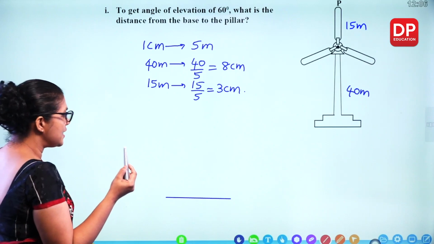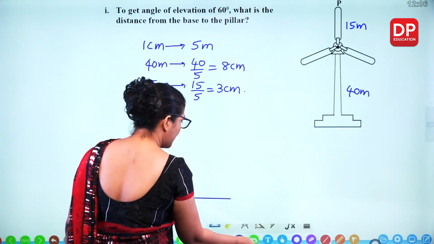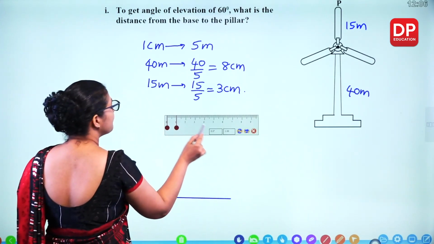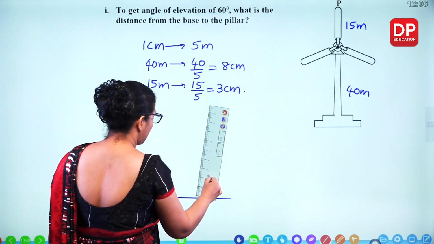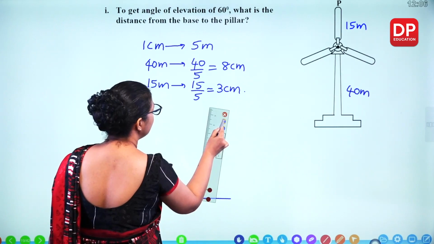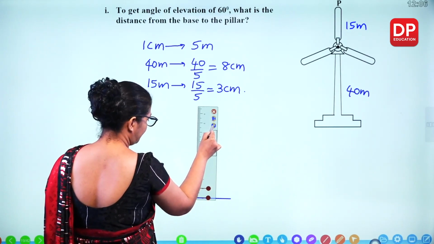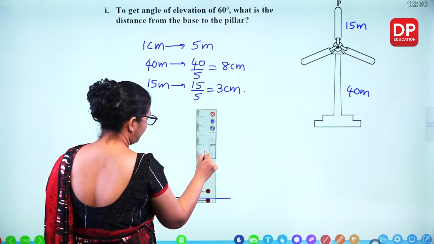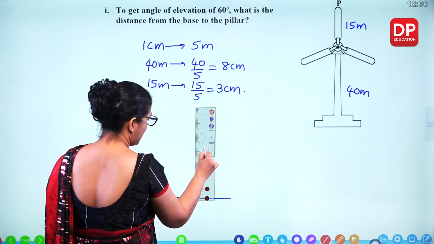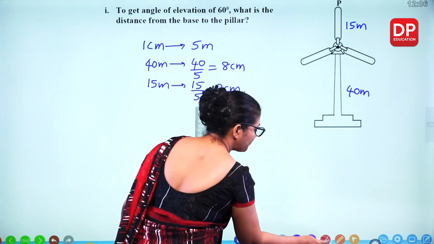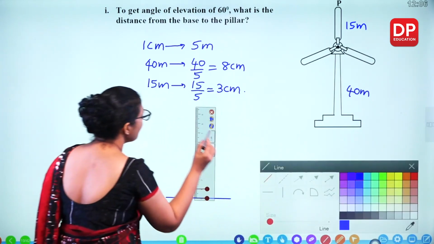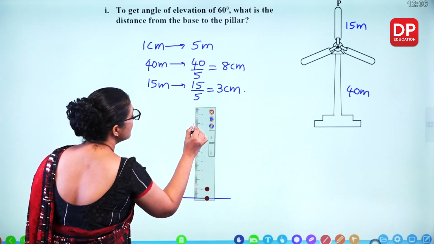And then 40 meters means take the ruler and you can measure 8 centimeters. Here 8. Here up to here.